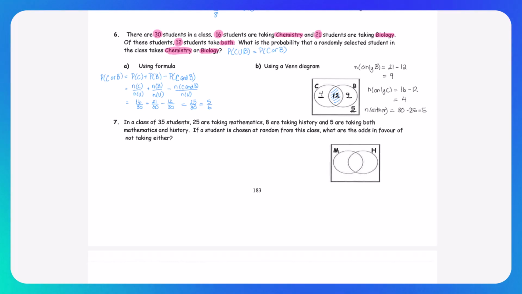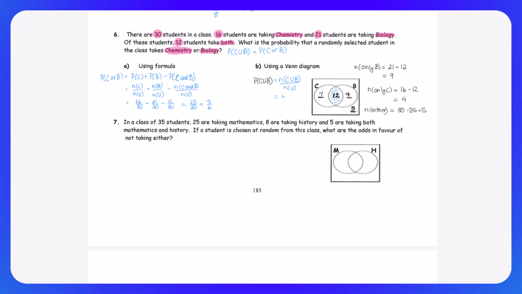So we want to find what is the probability of C or B. Well, from our Venn diagram, the total inside the two circles is equal to the number of C or B divided by, just as always, the total number.